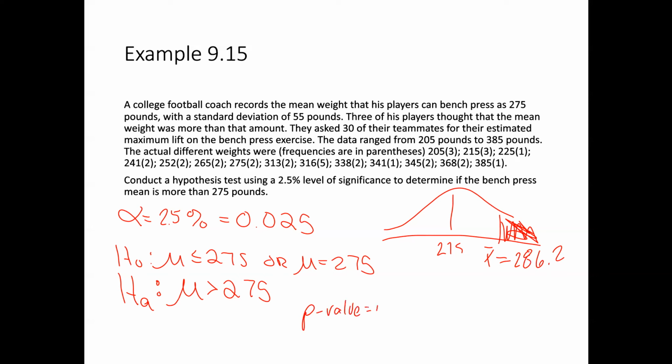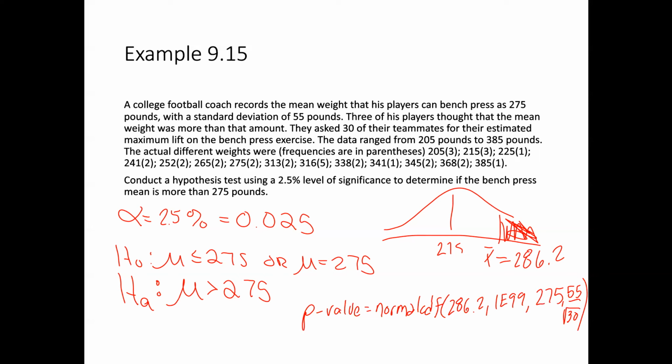The p-value is the area under the curve from 286.2 to infinity, with an average of 275 and a standard deviation of 55 over the square root of, what was my sample size, 30? So I could do it that way and calculate the p-value.